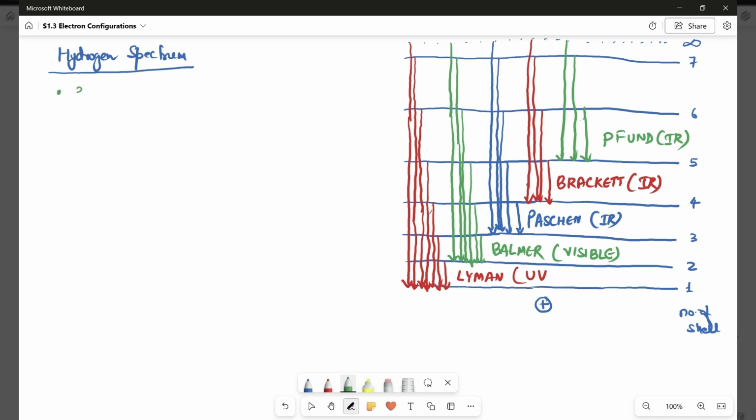Each line is a specific energy, and they come in packets. So these packets of energy are quanta.